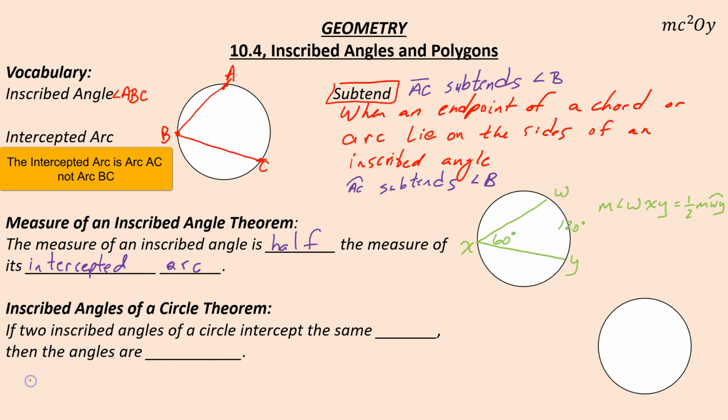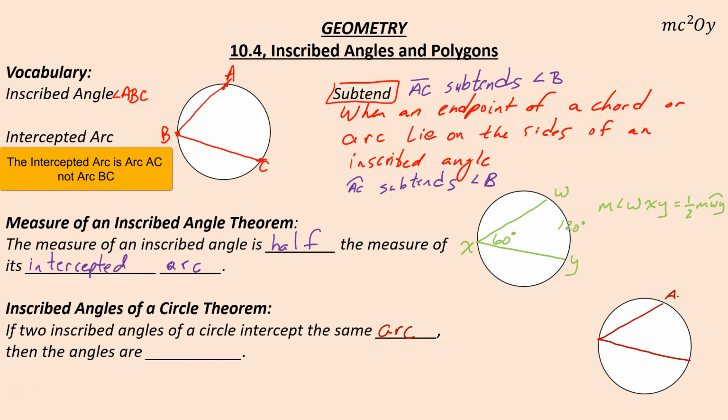Let's take a look at the next one here. If two inscribed angles of a circle intercept the same arc, let's go ahead and do that real quick. So let's say there's an inscribed angle there.